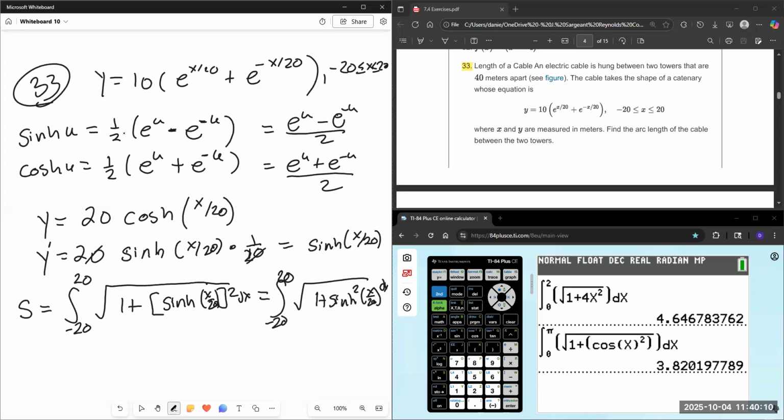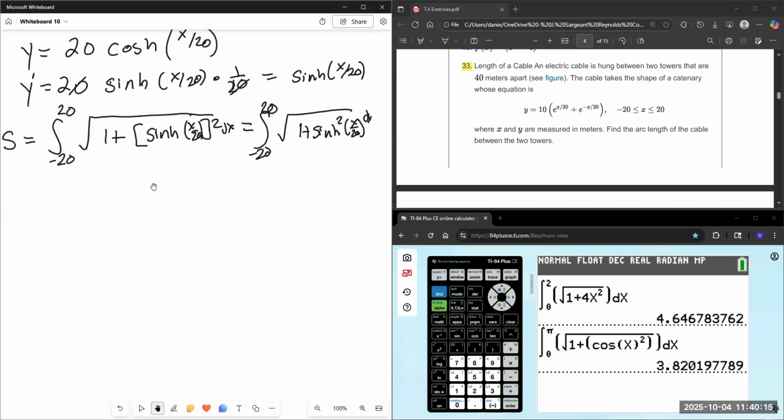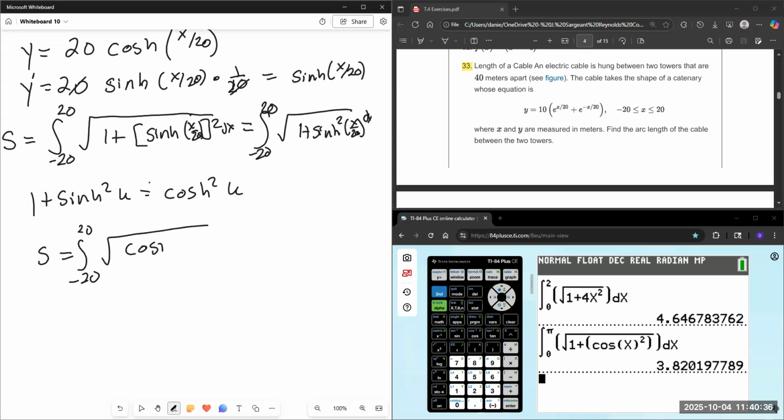All right, so you probably don't know hyperbolic trig identities, but your Pythagorean identity for hyperbolic trig functions is 1 plus sinh squared u is equal to cosh squared u. So this turns into s is the integral from -20 to 20 of root cosh squared x over 20 dx.